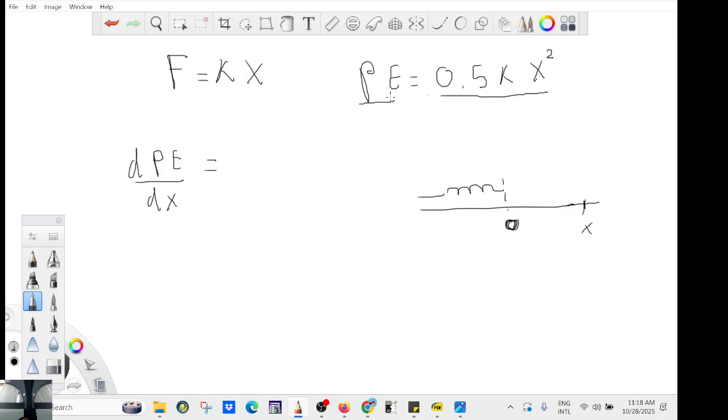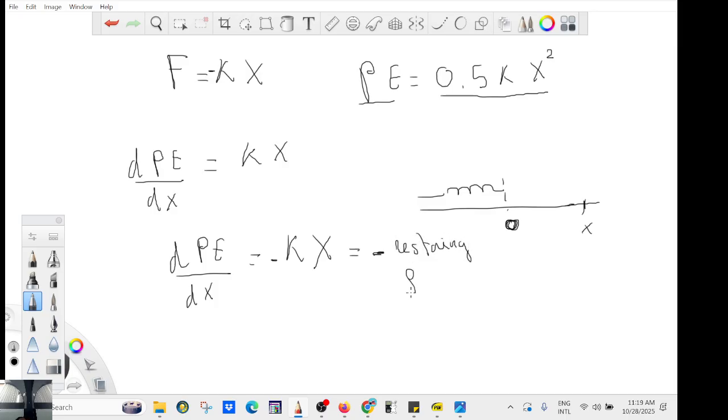Take the derivative. What do you get? kx, very good. Oh, wow. What does it mean? It means that if you take the derivative of potential energy, you get kx, and the restoring force is minus kx, which is minus the restoring force in magnitude.